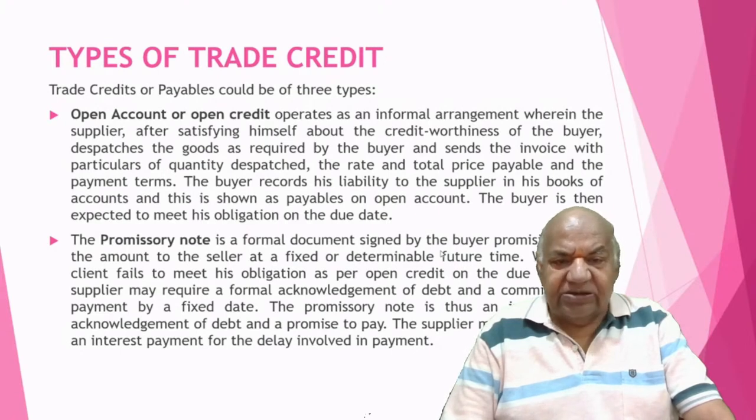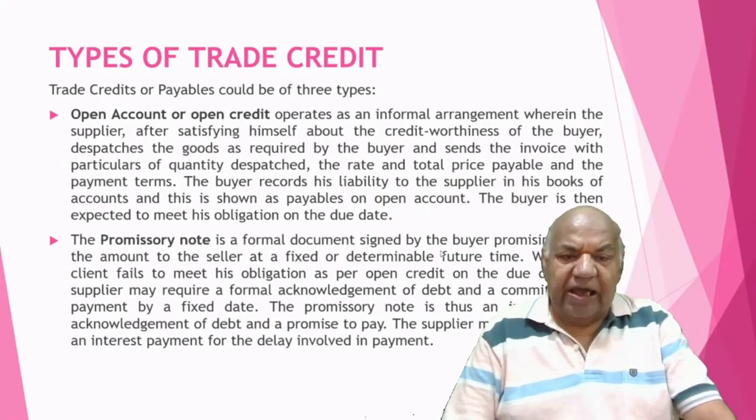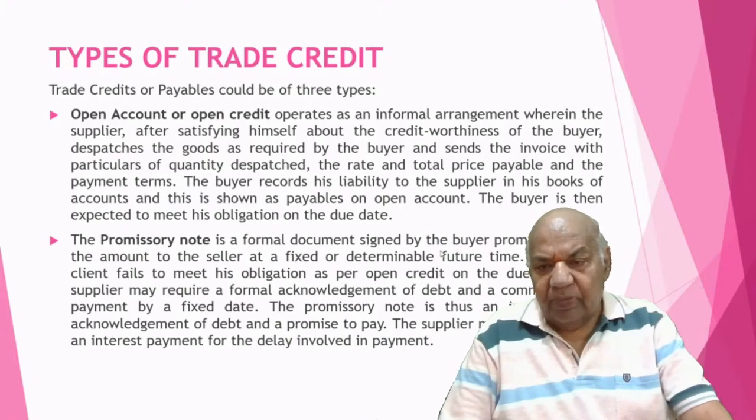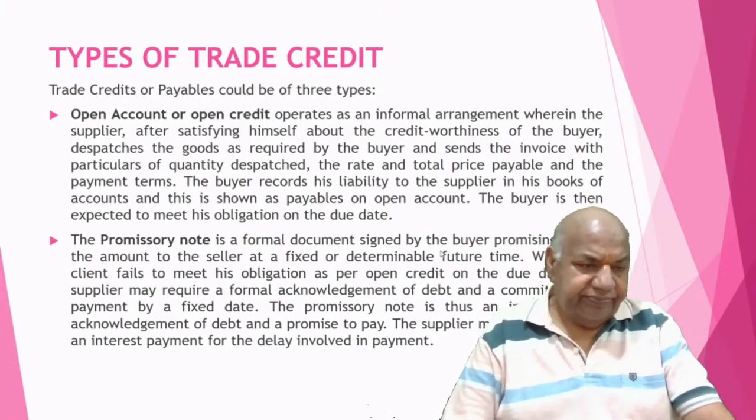The buyer records his liability to the supplier in the books of accounts, and this is shown as payables on open account. The buyer is then expected to meet his obligation on the due date.